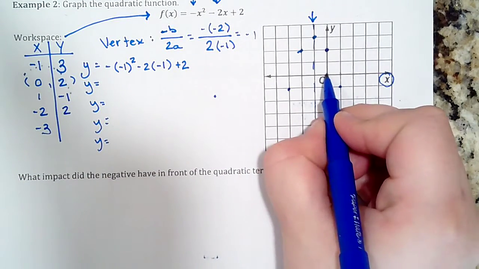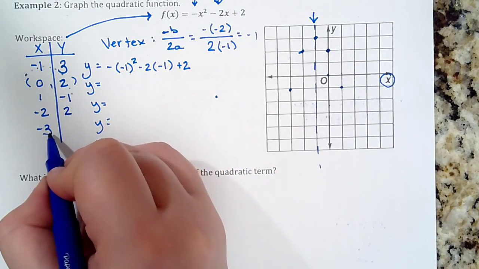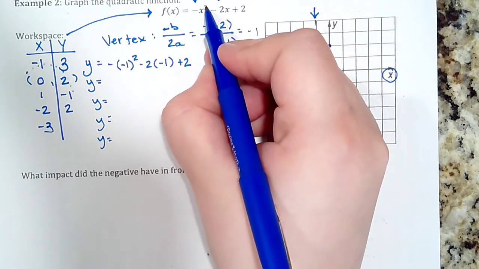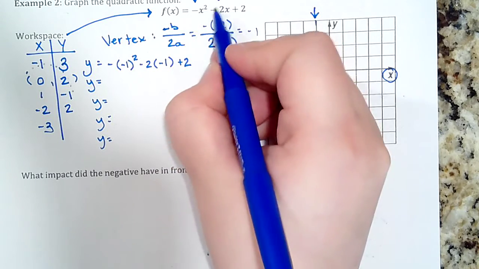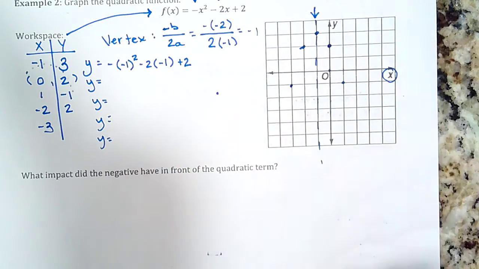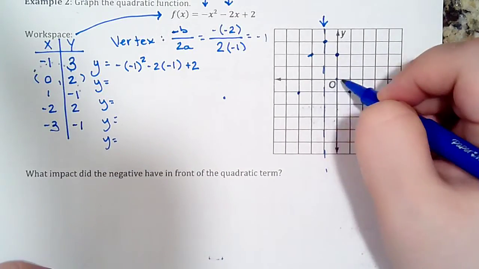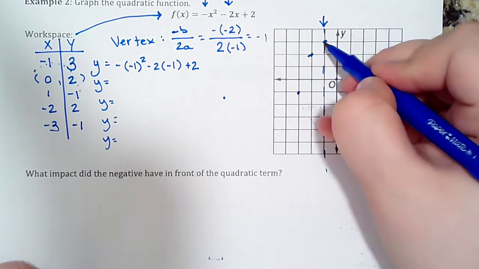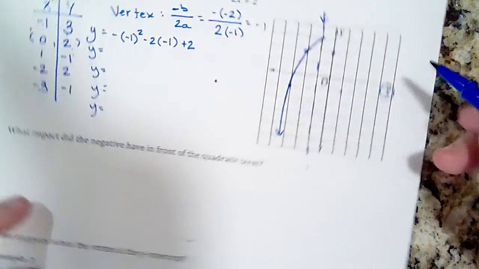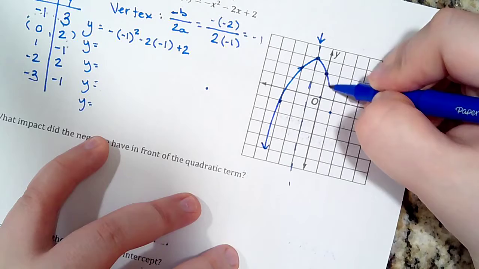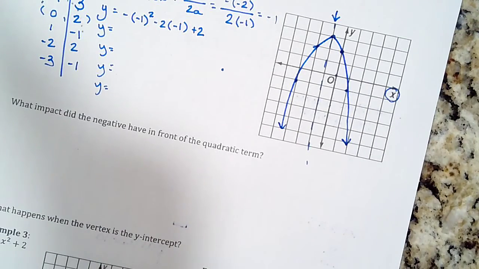So negative 2, positive 2, I already hit one of mine. And then negative 3, when I plug it back in, is positive 9, becomes negative 9, plus 6 is negative 3, plus 2 is negative 1. So I have successfully graphed those dots, negative 3, negative 1. And then we just go back in and sketch based on the points we were given. And try to hit on as much as you can.